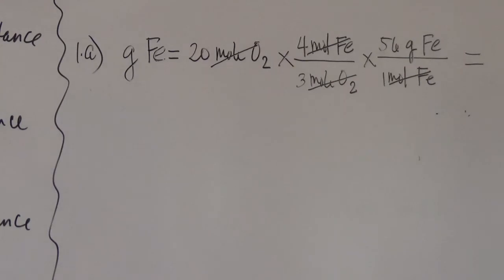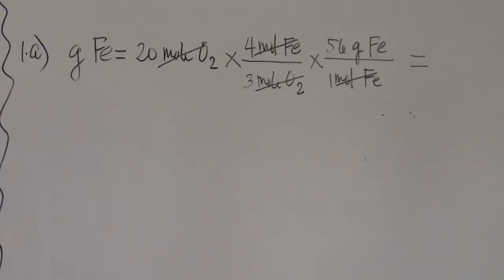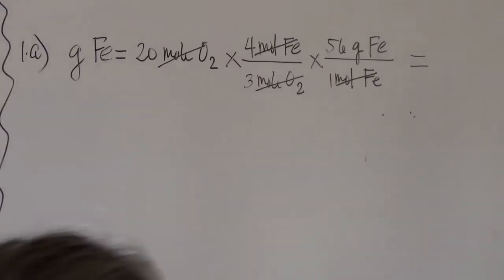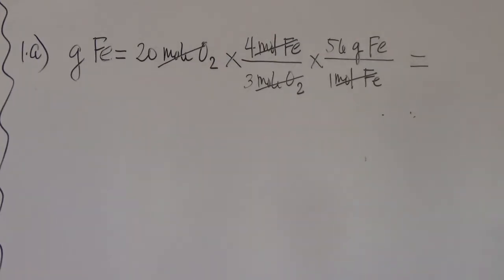So therefore, compute it. So you will have 20 times 4 times 56 divided by 3. So that is 1,493, point up to 2 decimal places, grams of iron.